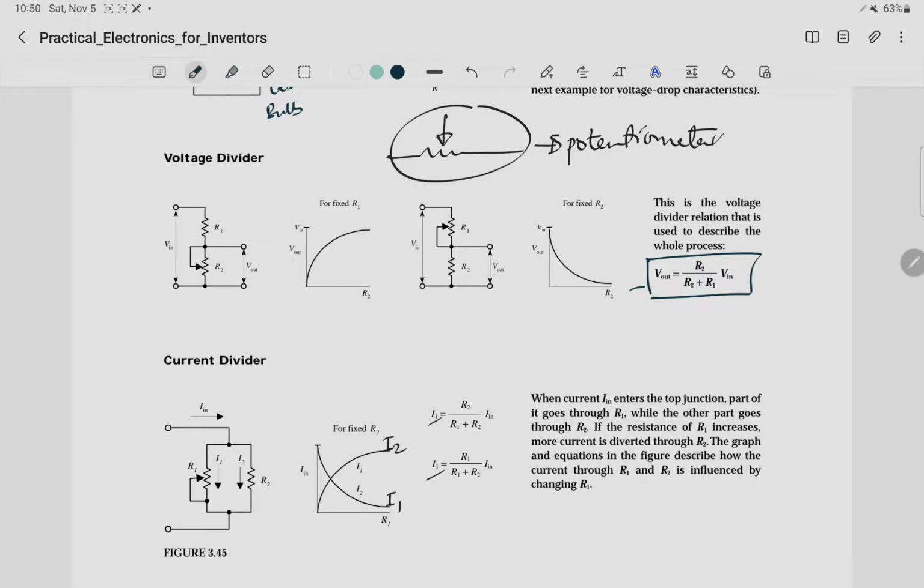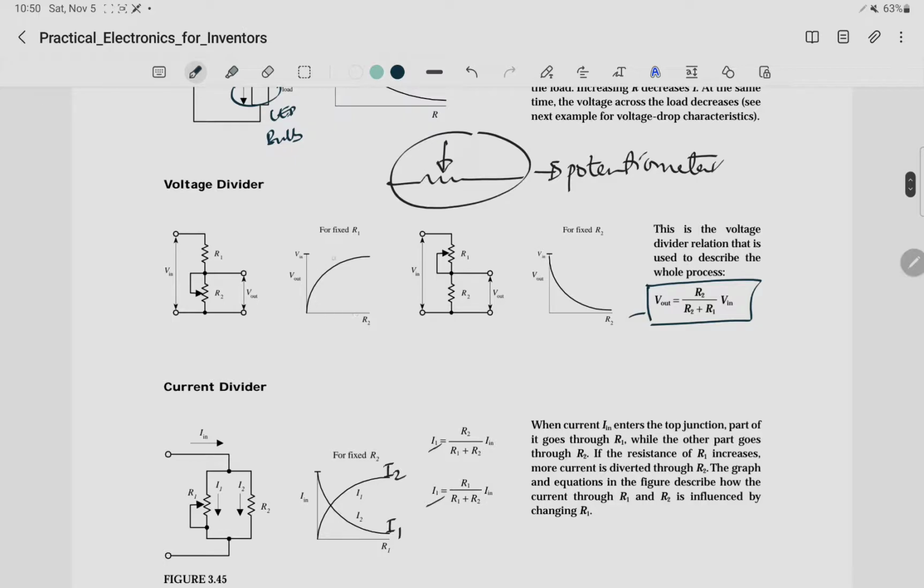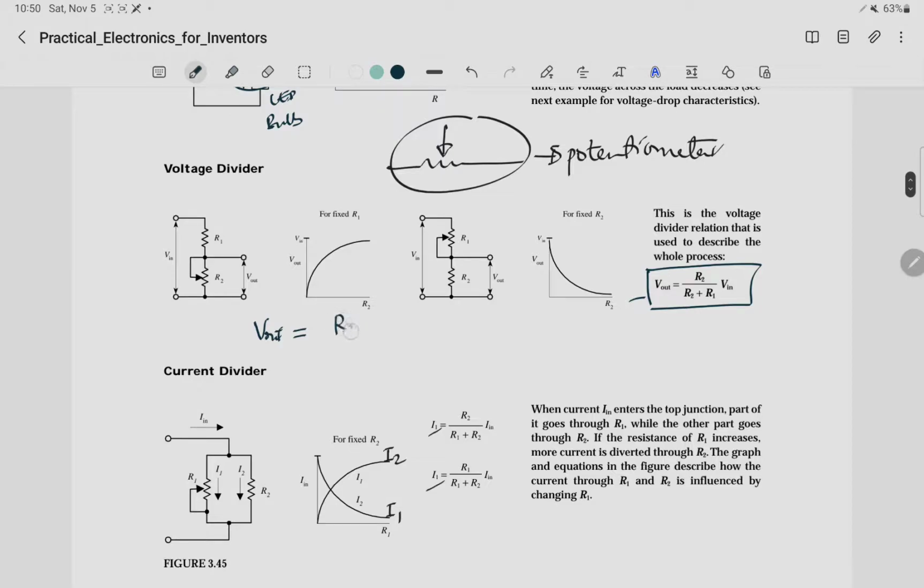So as we increase R2, the voltage here increases, since V out from our formula is R2 divided by R1 plus R2, the sum of the total equivalent resistance, times the supply voltage, which is V in. So that's how we get the V out.